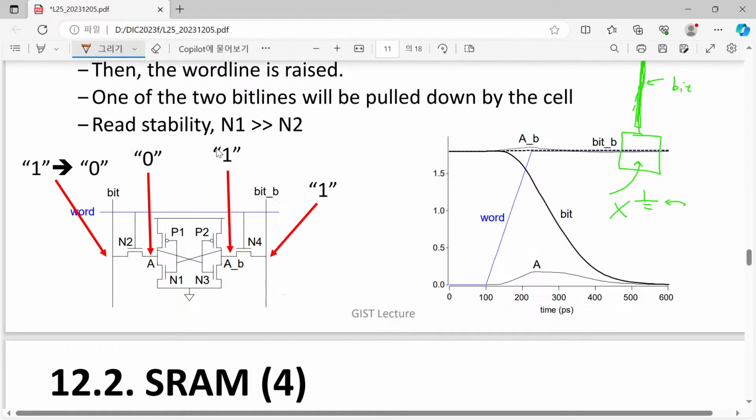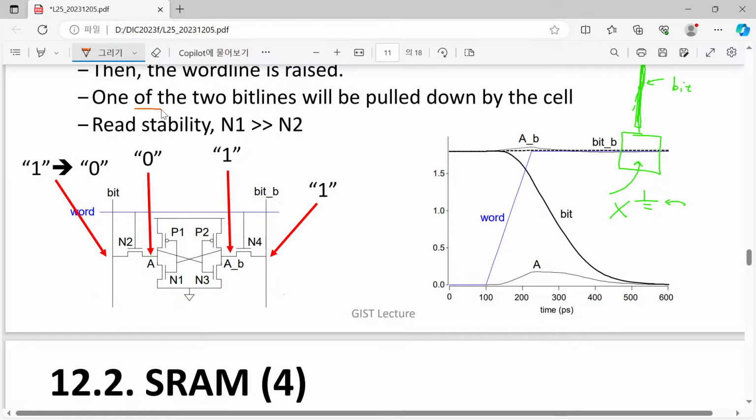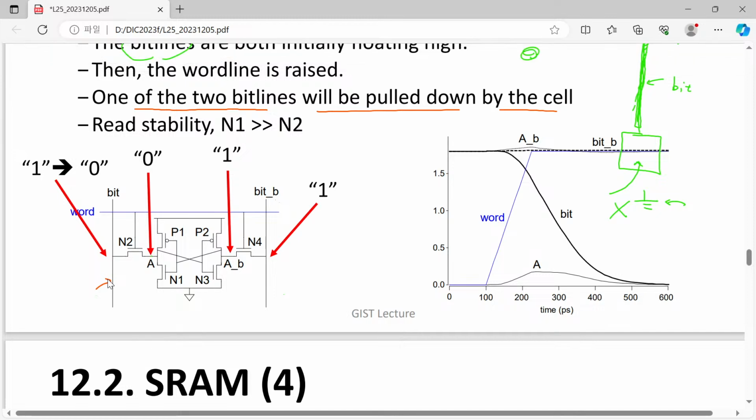Simply speaking, one of the two bit lines will be pulled down by the cell. In this case, this one will be pulled down.